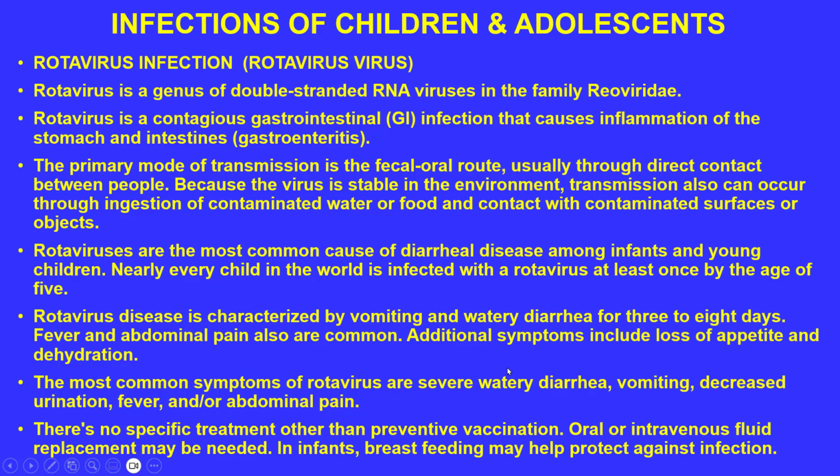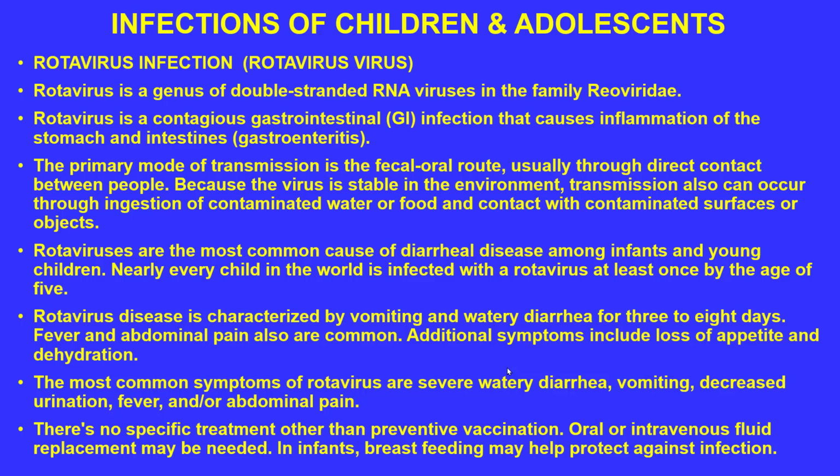Now we're going to move into rotaviruses. This is the genus of double-stranded RNA virus in the family Reoviridae. It's a contagious gastrointestinal infection that causes inflammation of the stomach and intestine. This is where they refer to it as gastroenteritis.